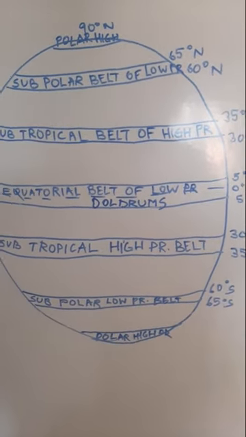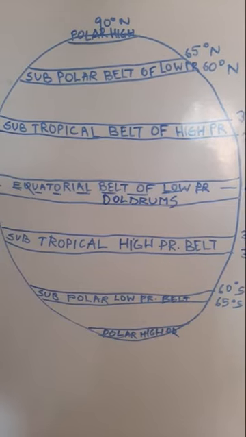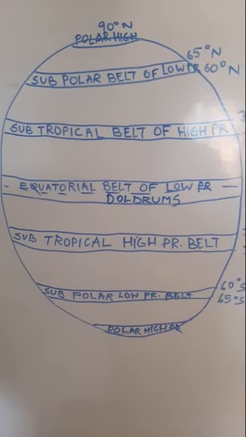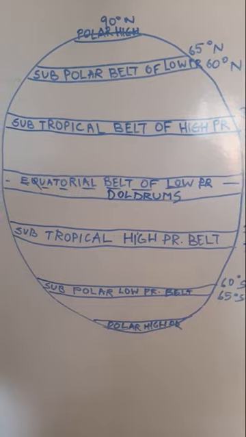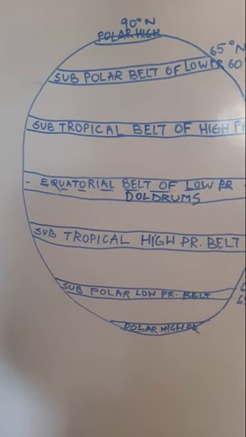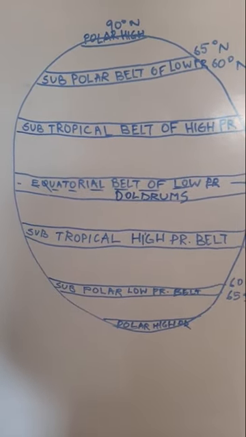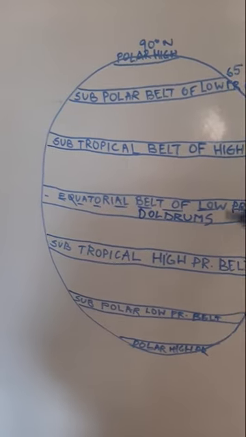In the southern hemisphere also we have a subtropical belt of high pressure. So on both sides of the equator we have high pressure belts.